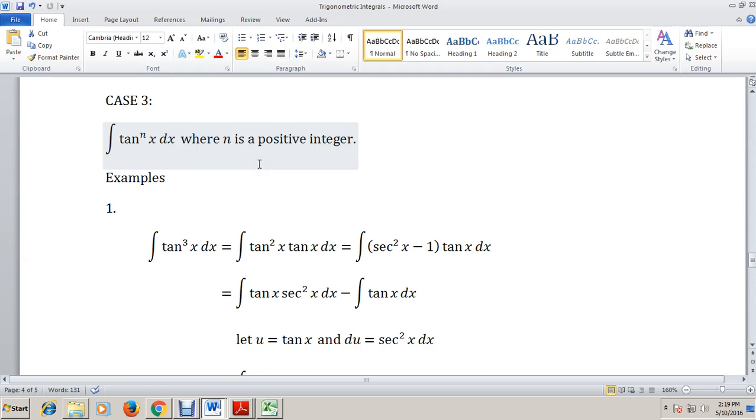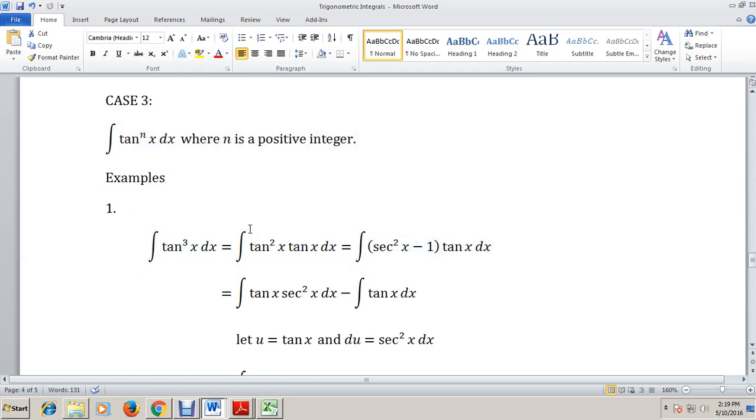So we're going to separate the tangent cube into two factors. One factor is the base form, which is tangent x, and the other factor would be the resulting power of the tangent. So in this case, tangent cube minus 1 gives us tangent square x.